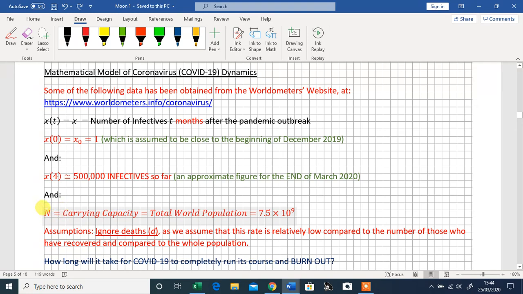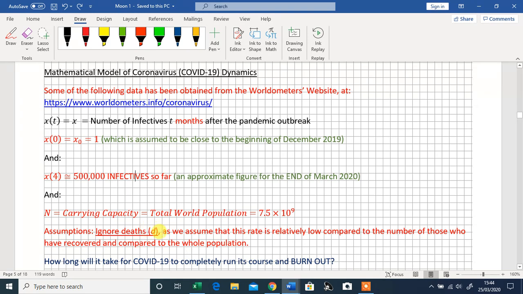I've specified that the carrying capacity is N, capital N. This is equal to the total world population of 7.5 billion people, or 7.5 times 10 to the power 9 people. Now, in this model, we make an assumption that we can ignore deaths.